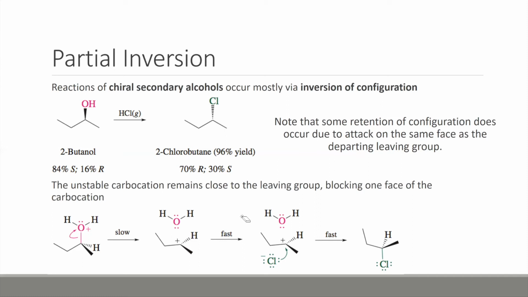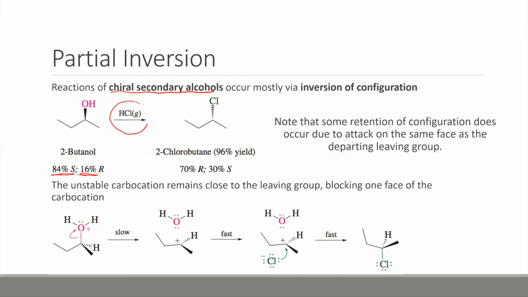When we look at secondary alcohols that are chiral, so if they have a chiral center and they're a secondary alcohol, it's likely that you will see an inversion of their configuration. So if they started as an S, as we see here, we're starting with more S than R.